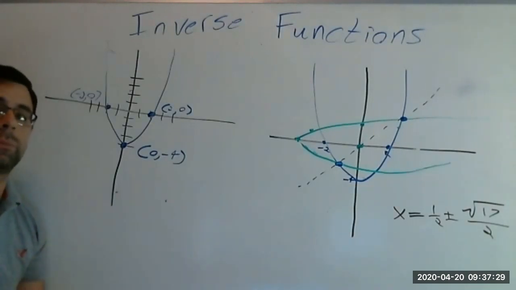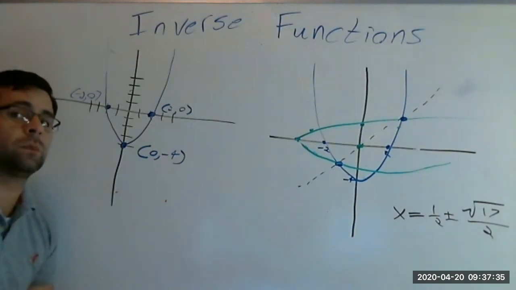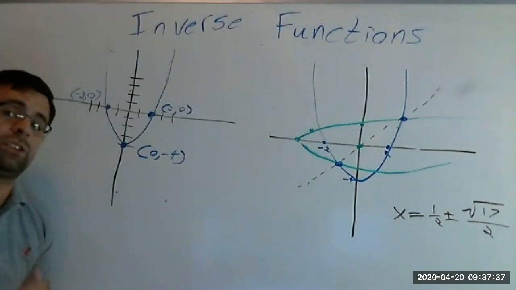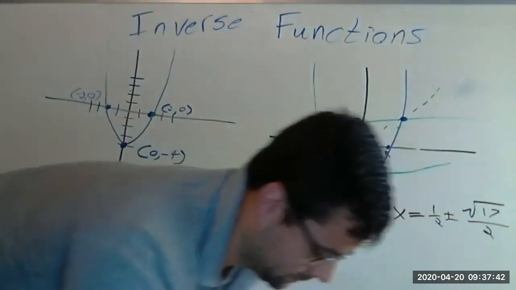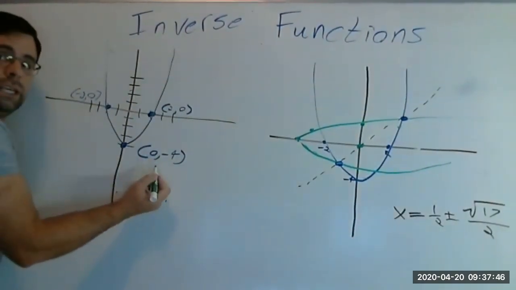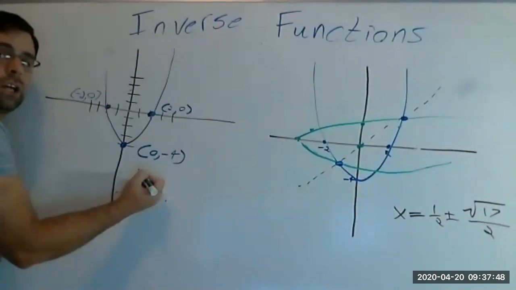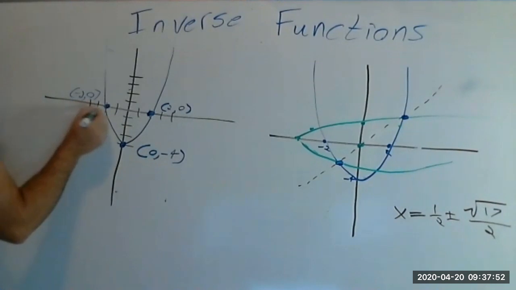All right, so we've got our points. Let's do the same thing that we did with the equation to these points. Let's switch the x's and the y's. If you switch these two, it's -4, 0. -4, 0 is 4 to the left.